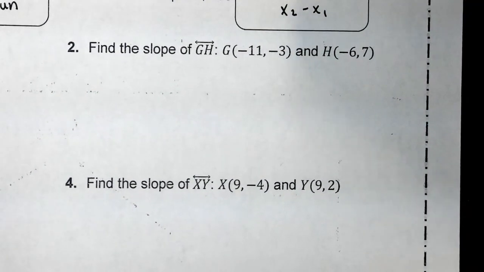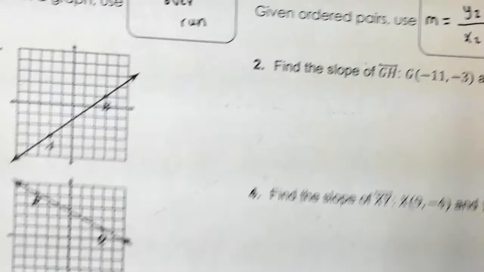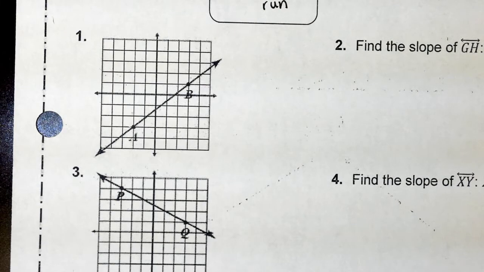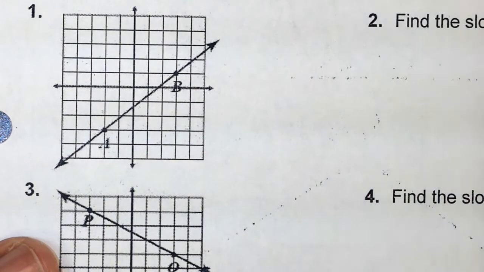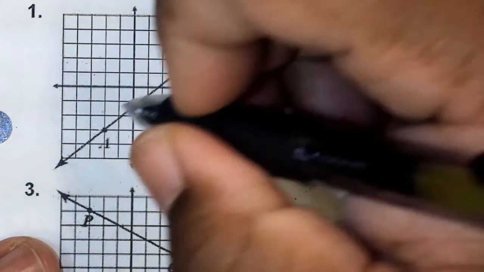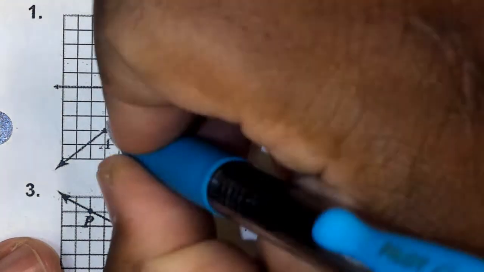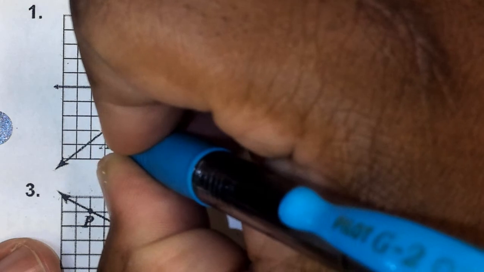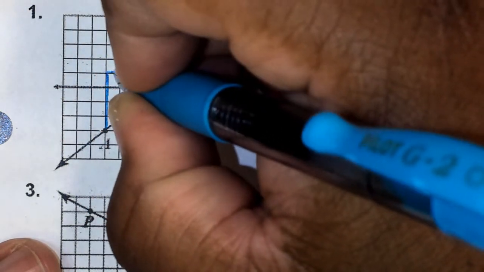Number 2 down here. Oh, no, we're skipping 1. I'm tripping. So 1 on the graph, you got points A and B on the graph. And they want us to find slope. So to find slope, easiest way, I go from point A to B and make my triangle like we've been doing.